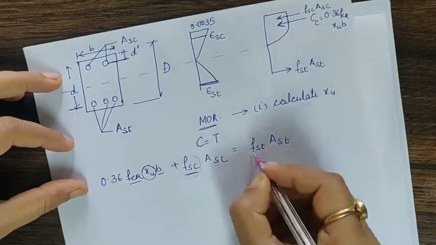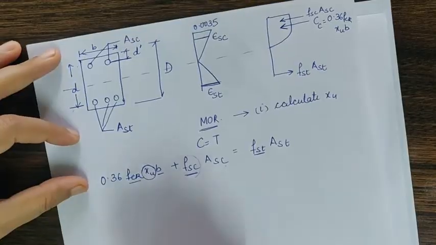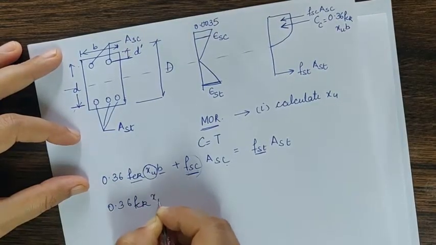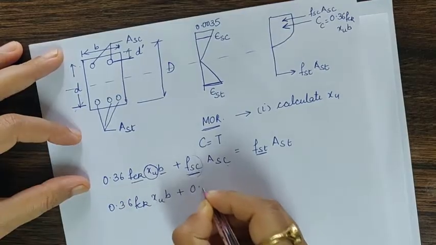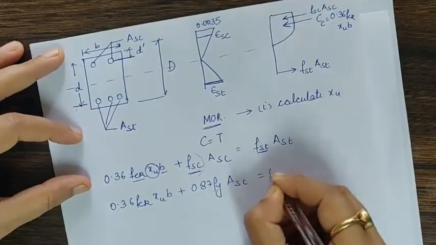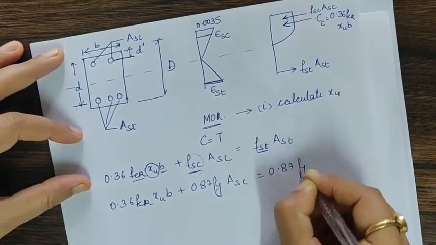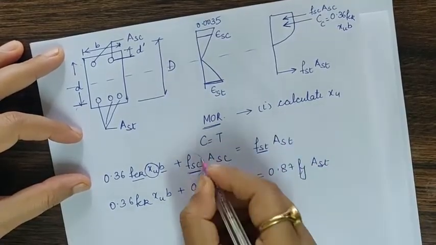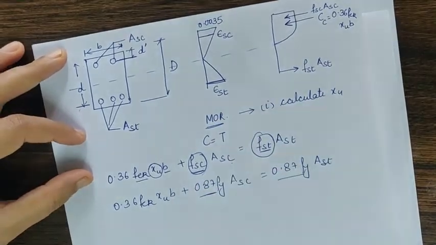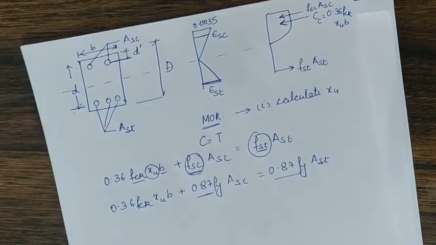I'll assume that both have yielded. If both have yielded, I'll write this equation as 0.87 Fy ASC is equal to 0.87 Fy AST. So I'm assuming that both have reached the yielding, so both the values are 0.87 Fy.